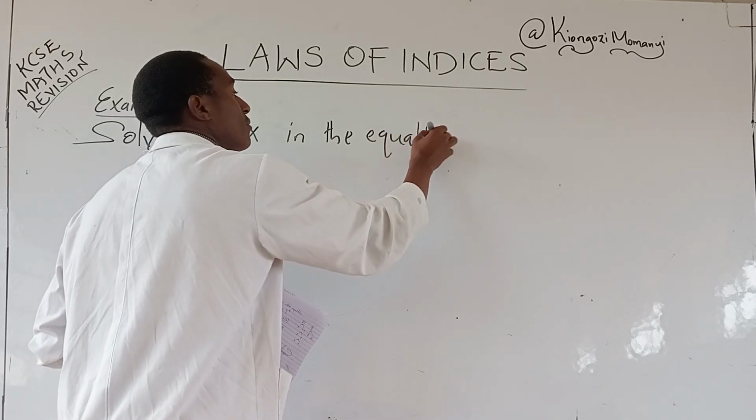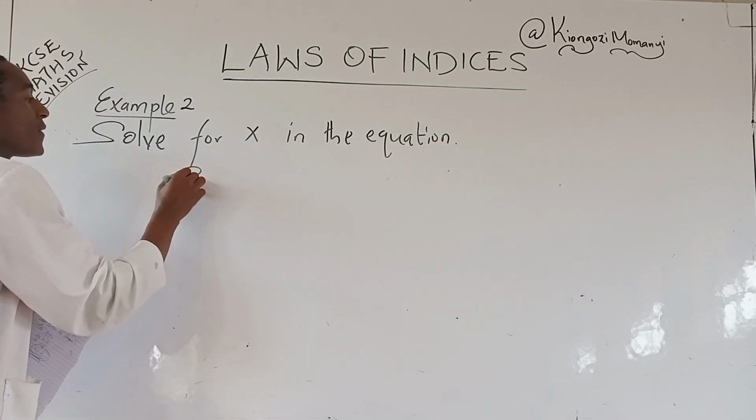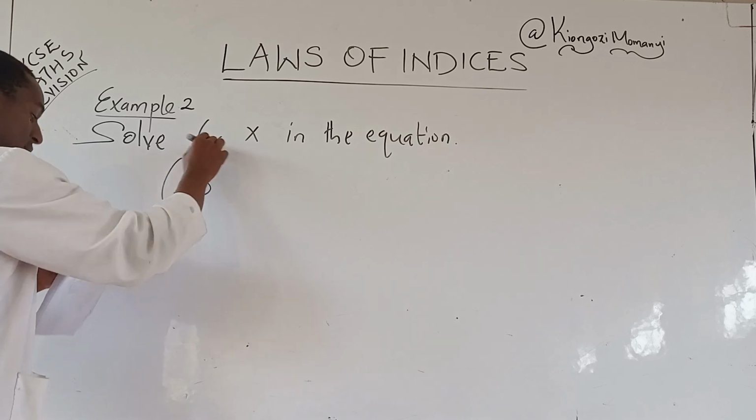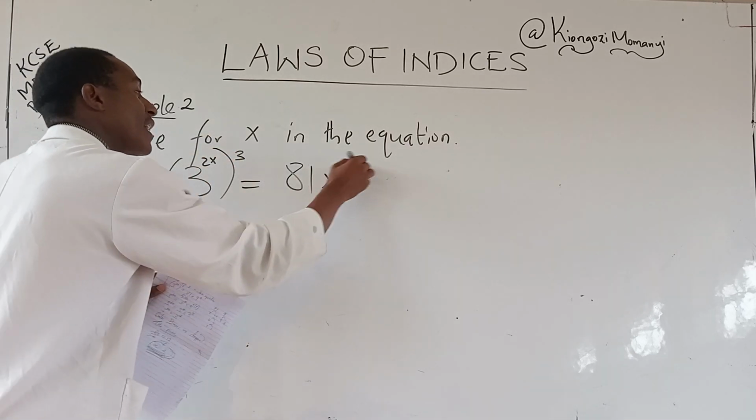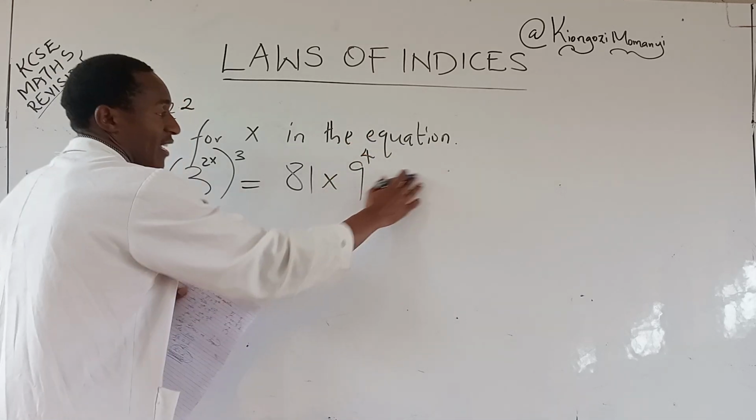The equation is given below: 3 power 2x, raised to power 3, is equal to 81 times 9 raised to power 4.